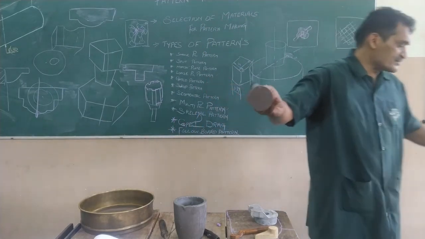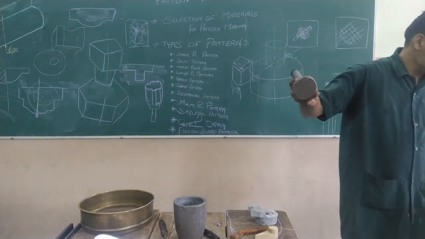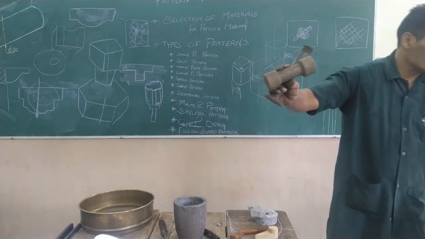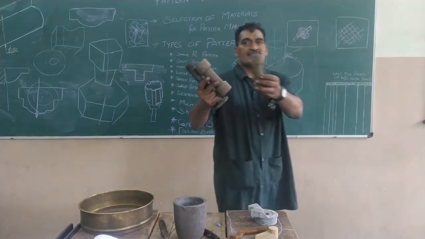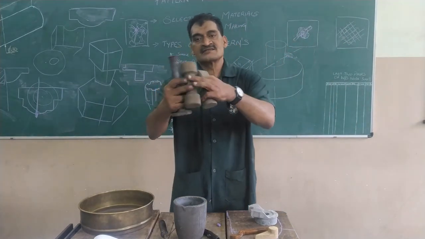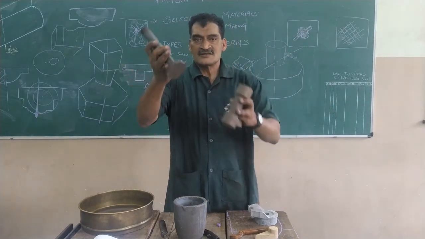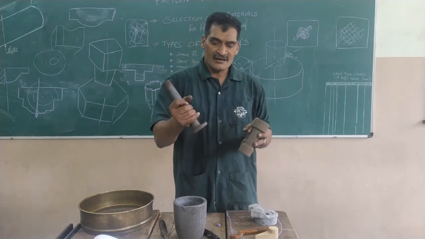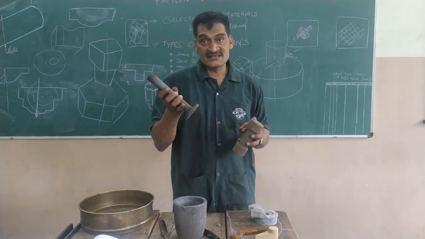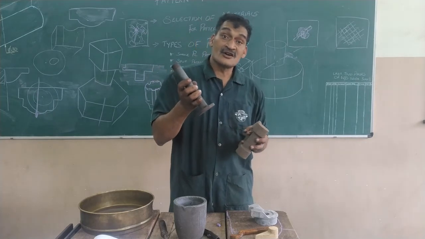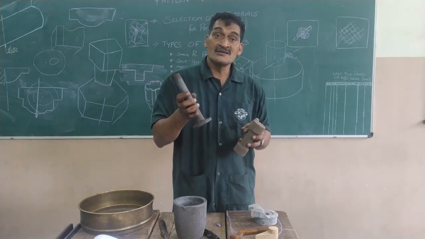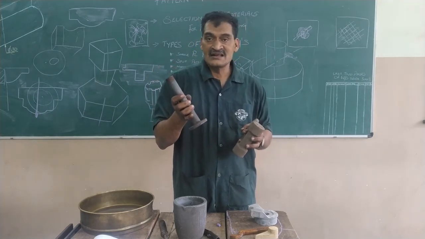Rammers come in various shapes. So rammers are used for making the sand compact. Now, if the sand is not compact, your mold preparation might fail.